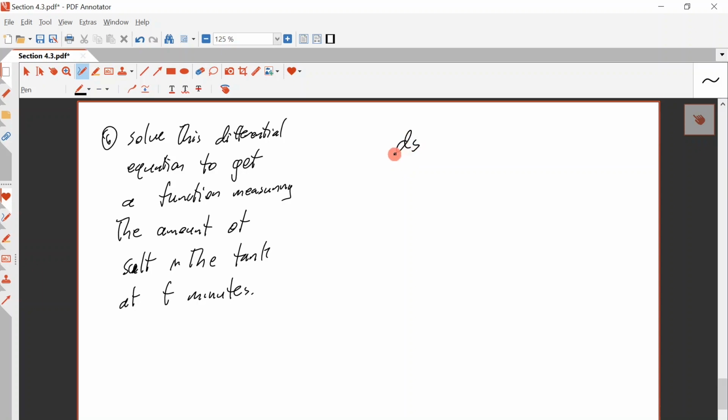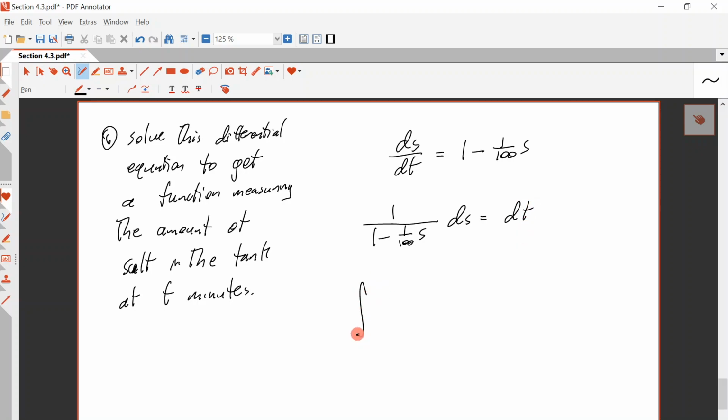We have ds dt is equal to 1 minus 1/100th of S. No t's, it's just s's. So this is 1 over this whole expression, 1 minus 1/100th s, ds is equal to dt.